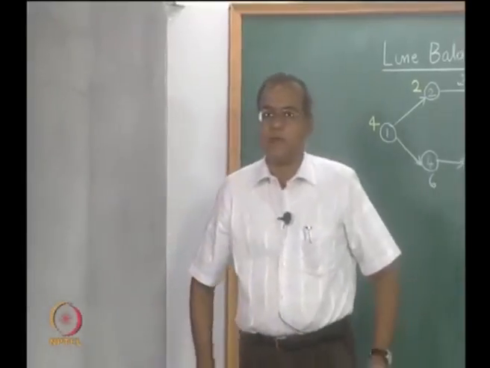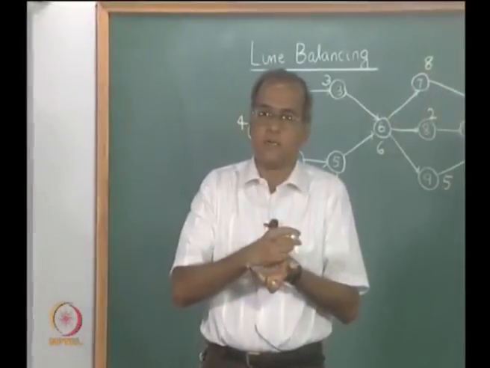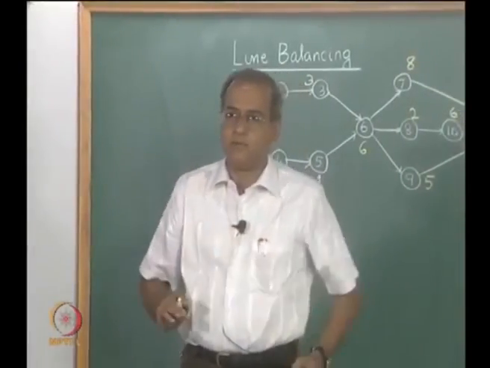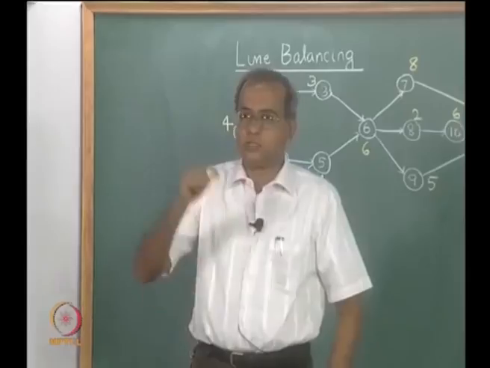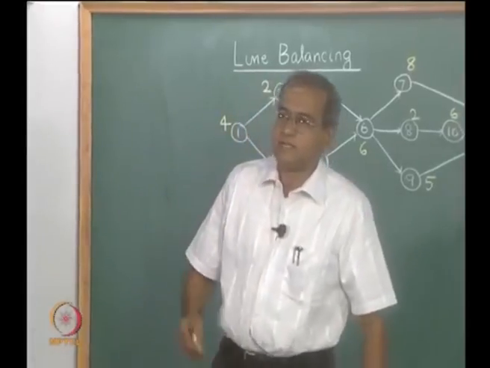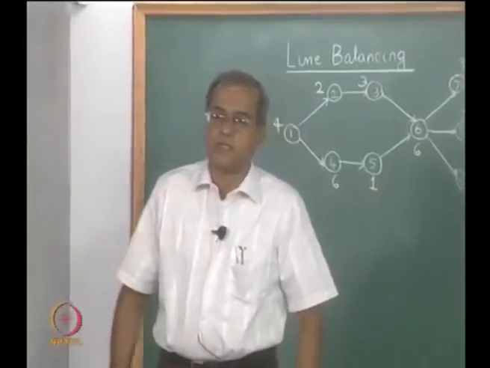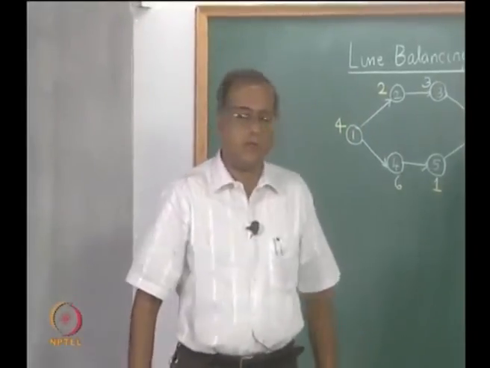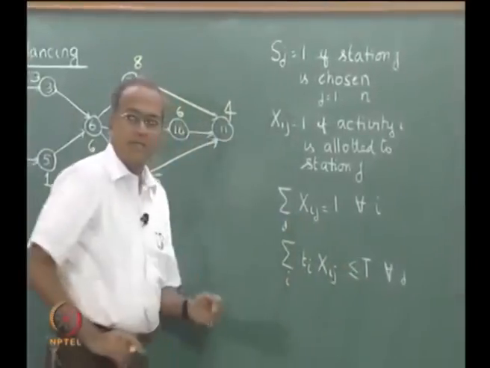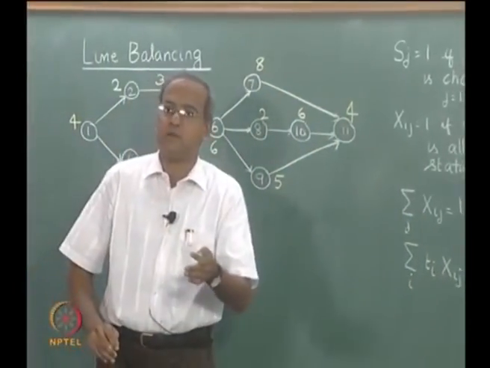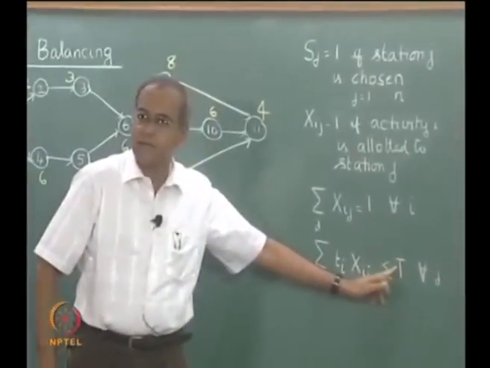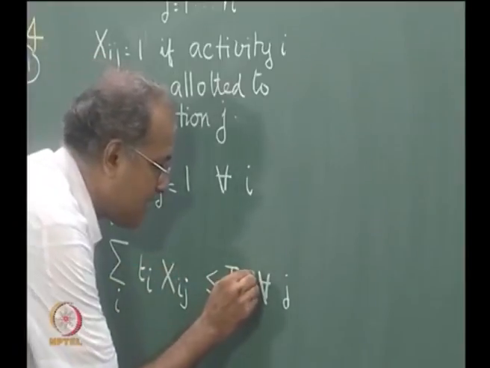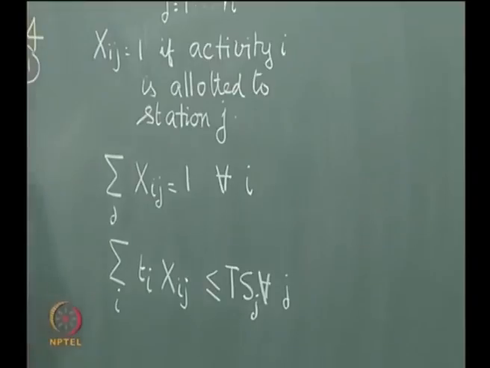More importantly, we can allot an activity to a workstation only when the workstation is chosen. So we redefine it by saying that if there are activities allotted to a chosen workstation, then the sum of times of those activities should not exceed t. The left hand side tells us the sum of the activity times of those activities allotted to a station. Now this is the cycle time, but we could also add an Sj, where Sj equal to 1 when the station is chosen.